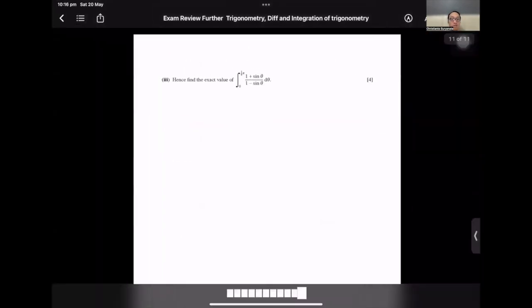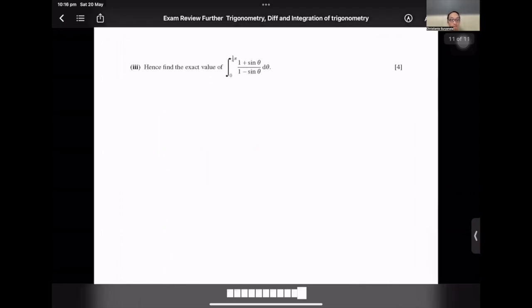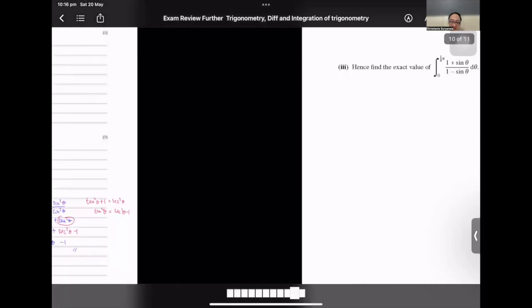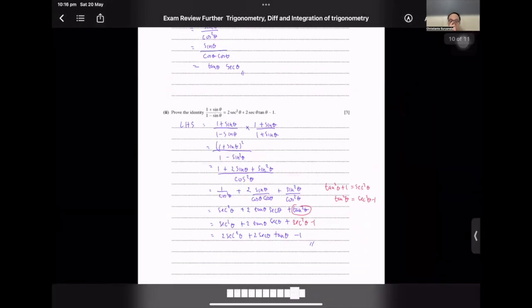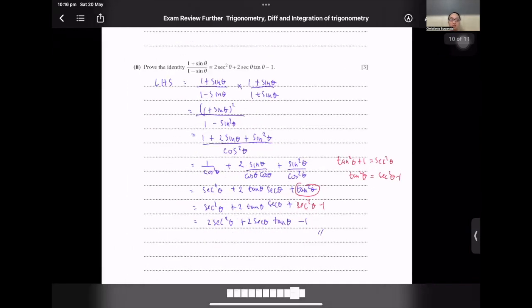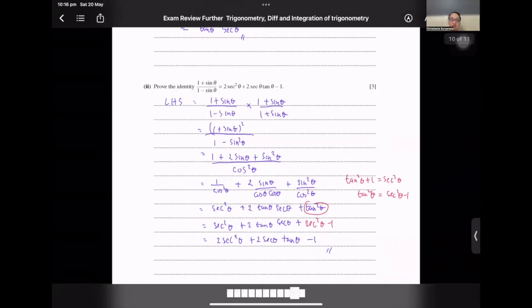And the last part, hence find the exact value of the integral of 1 plus sine theta over 1 minus sine theta d theta. Now, from the previous question, we already proved that 1 plus sine theta over 1 minus sine theta is 2 secant square plus 2 secant theta tangent theta minus 1. So we can use that answer.